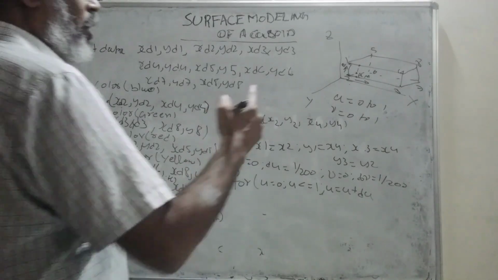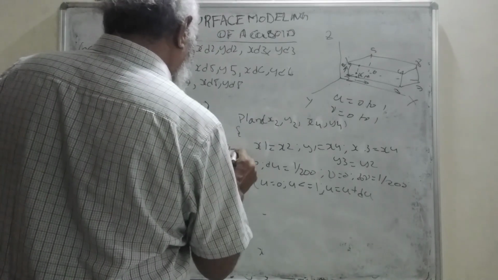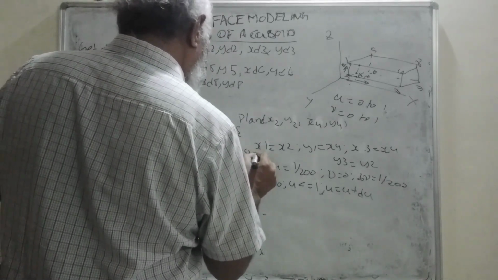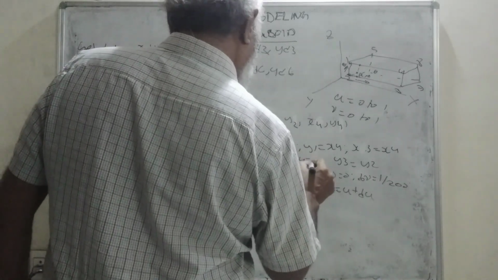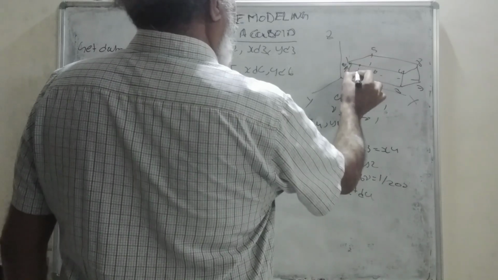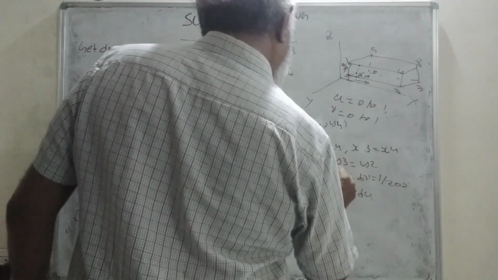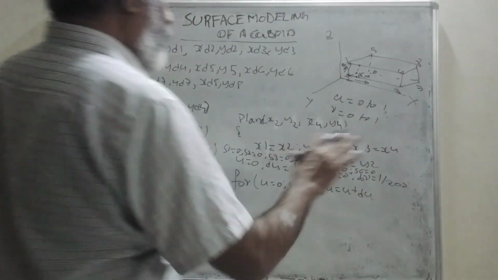So, total here 2 values. You are getting S1 is equal to 0, S2 is equal to 0, S3 is equal to 0, S4 is equal to 0, and apart from this, each point would have one coordinate. So S5 is equal to 0 and S6 is equal to 0. So there are various values.